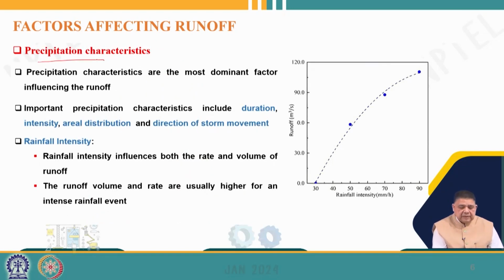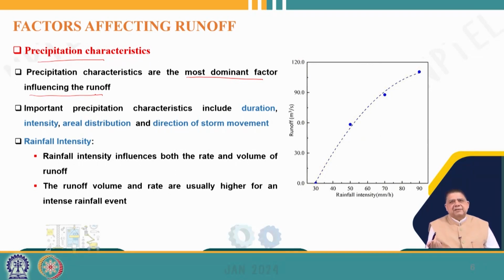Beginning with precipitation characteristics, these are the most dominant factor influencing the runoff. We have already seen the entire process, whether it is infiltration excess overland flow or saturation excess overland flow, which constitute mostly surface runoff.